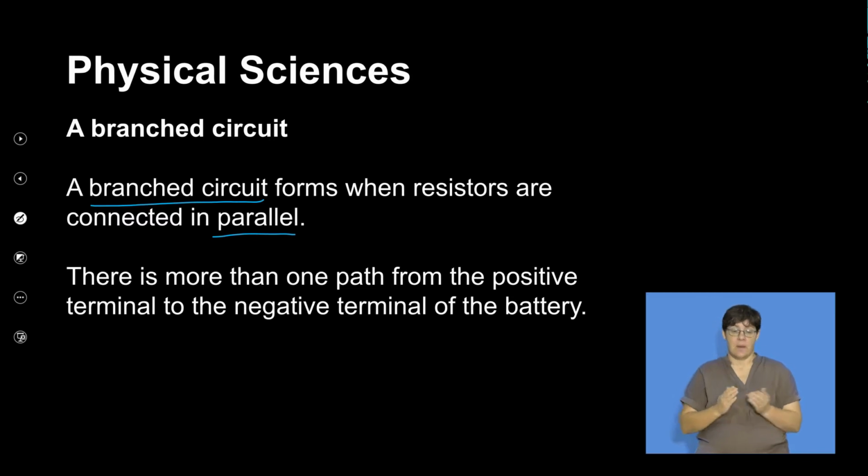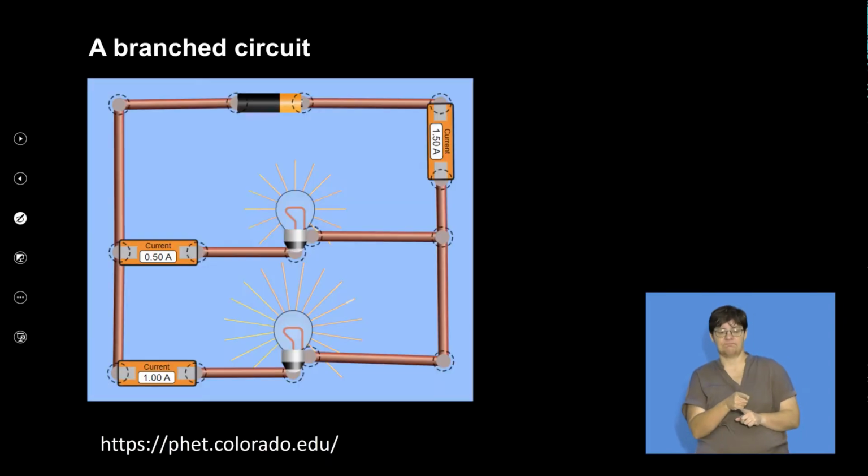So there is more than one path from the positive terminal to the negative terminal in terms of the conventional current. Here is a typical example of a branch circuit. Let's say this is R1 and this is R2, the two light bulbs which are connected in parallel. They provide more than one path for current.